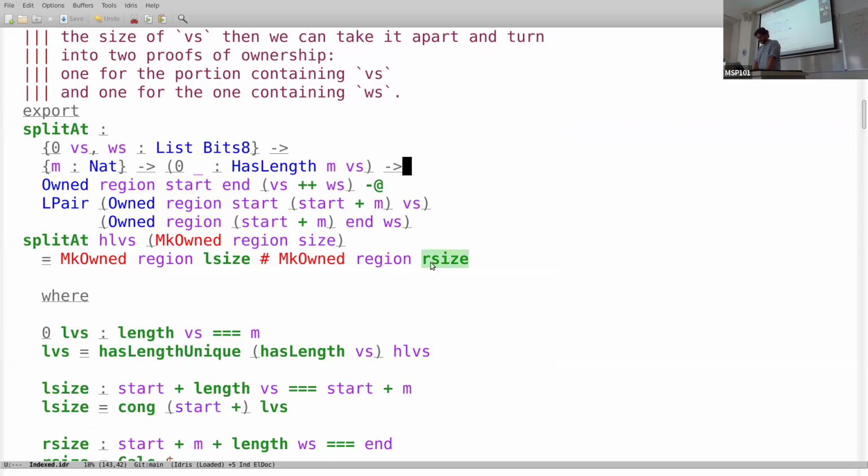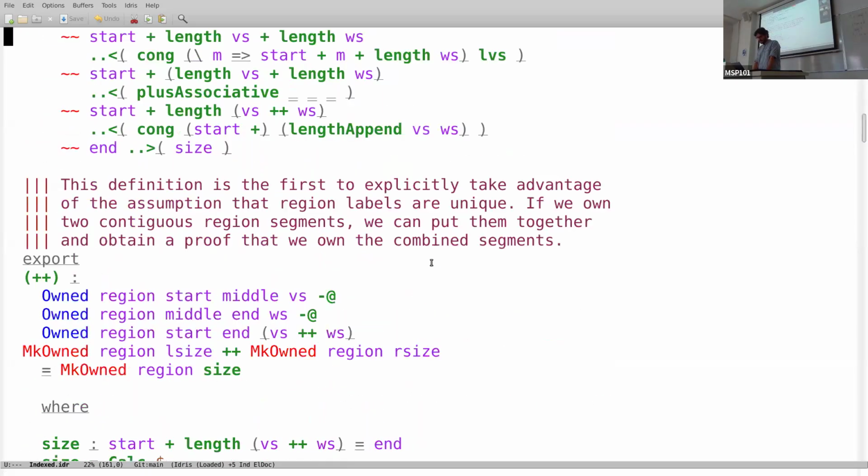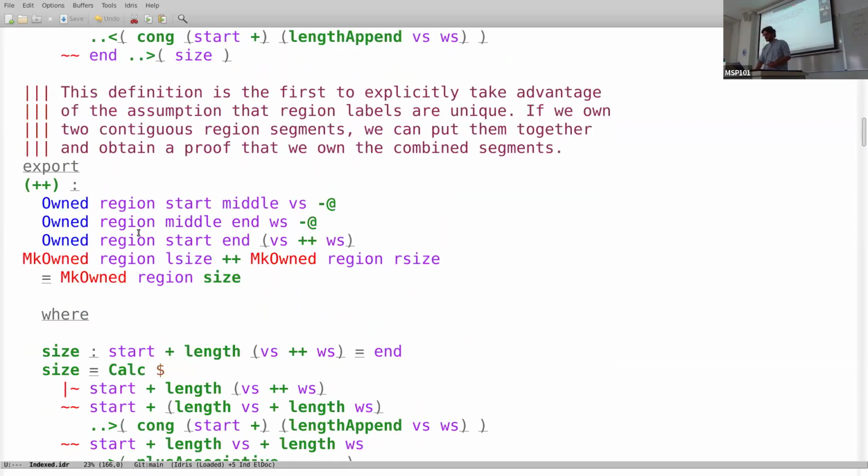Okay, so we can split things. Can we put them back together? Yeah, so if for the same region we own the first slice and the second slice, and they happen to be side by side, we can just group them into a bigger one that contains the whole content. So that's the opposite of splitting.